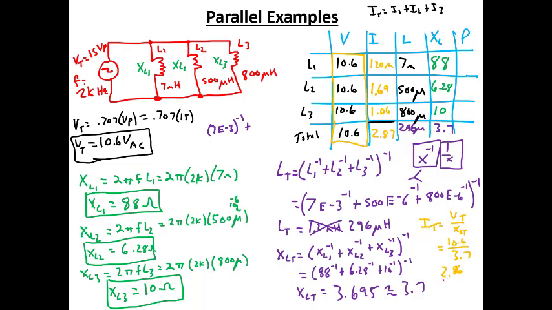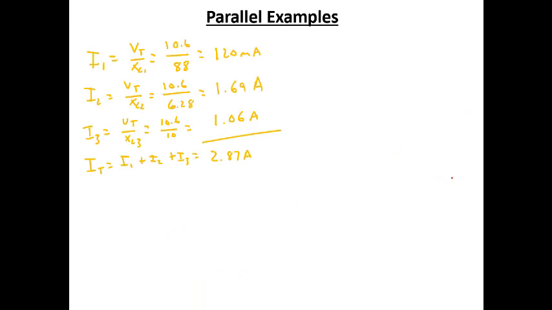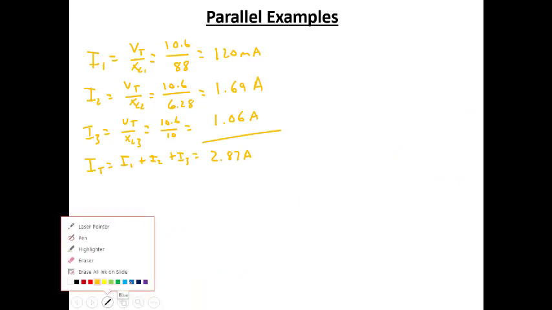And that matches 2.86 and 2.87. So there are two ways to get I total: I can add the individual currents, or I can take the total voltage divided by the total inductive reactance. The last thing we have to do is the power, so we'll do that next.